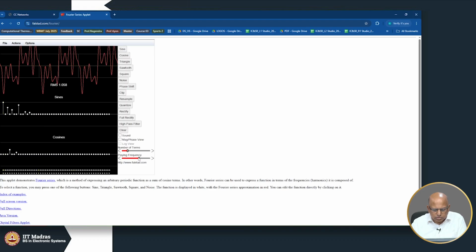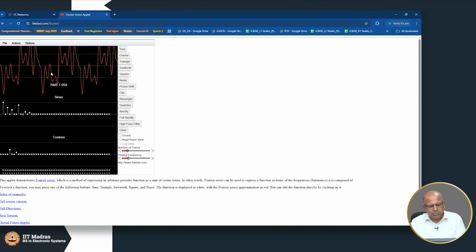You can also, I think, modify the number of terms and the frequency. We can reduce this frequency and try to play it. You can reduce the frequency further and try to play it. So, you can experiment with this, right?